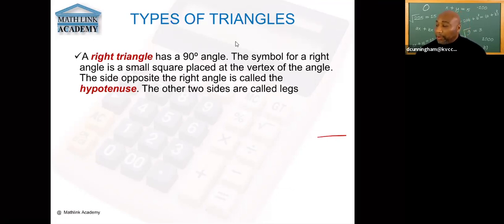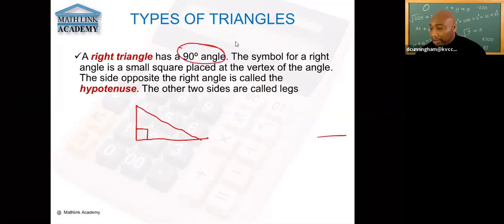So for example, we'll look at this. Here is an example of a right triangle. That's a leg, there's a leg, and we're going to put this square here. Once I put this square, that tells me that angle is 90 degrees.